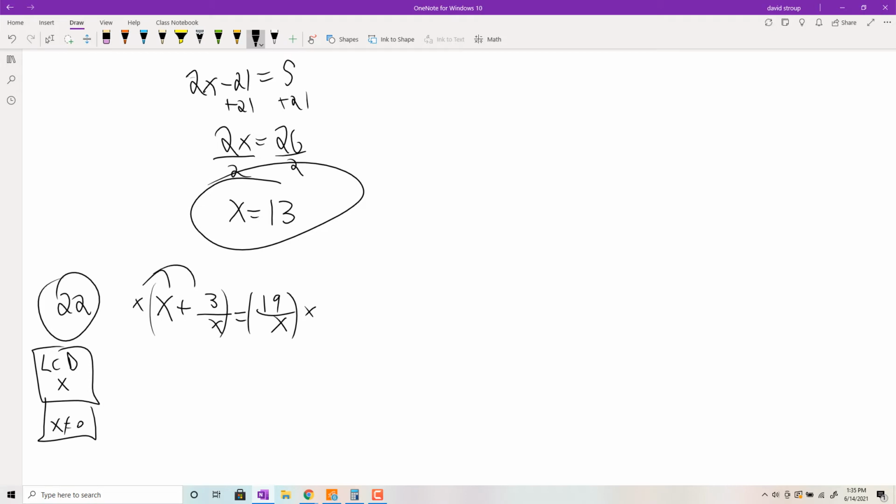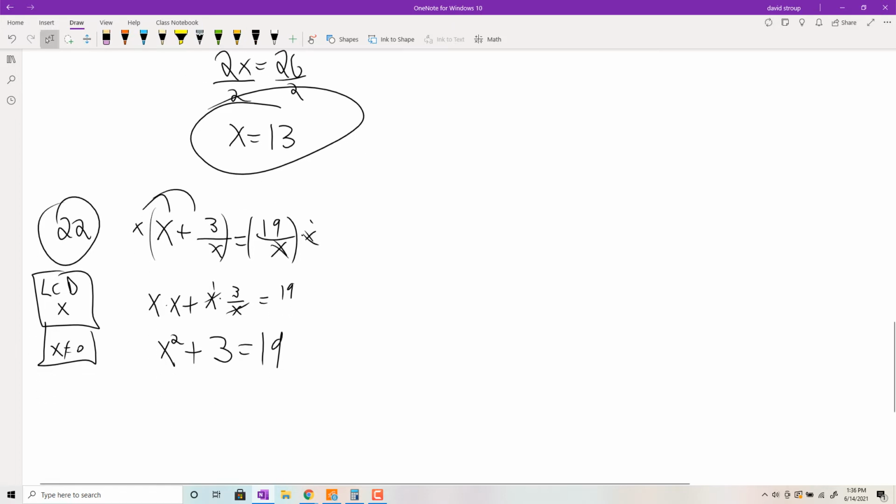On the left side, I need a distribution. 19 over x times x, the x's will cancel, and you just get 19. So let's just leave it like that. On the left here, x times x is x squared, plus x goes in x one time, 1 times 3 is 3. On the other side, I have 19.